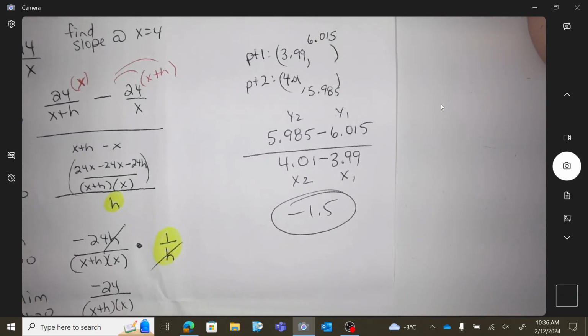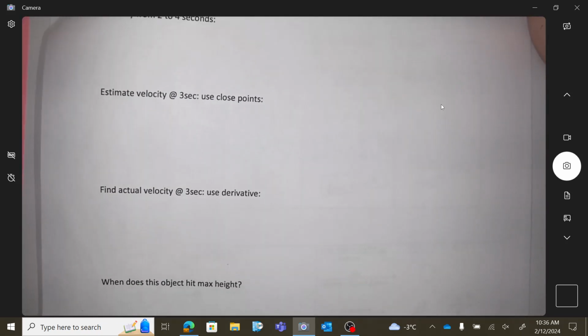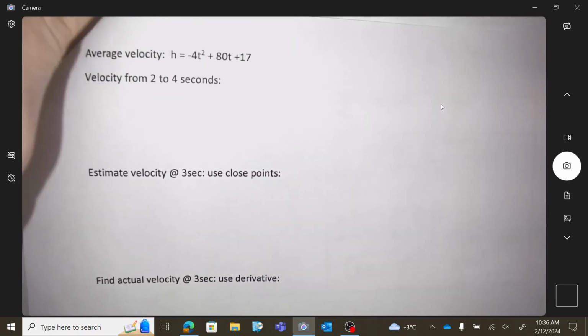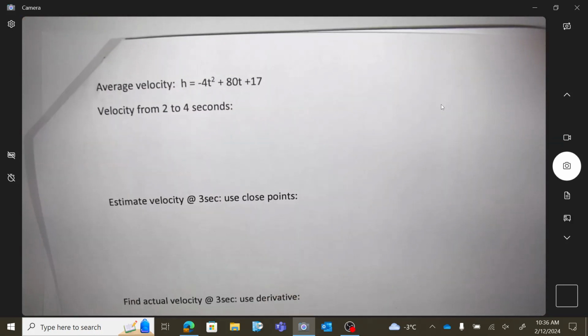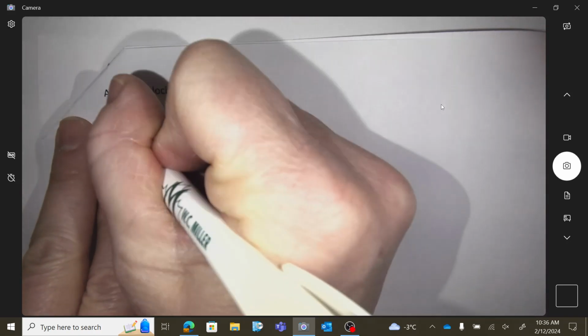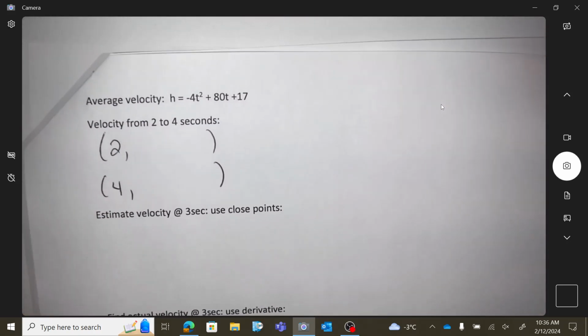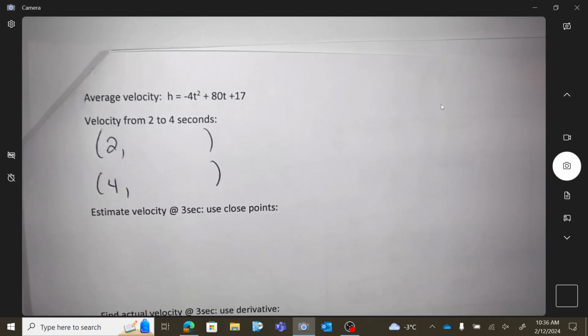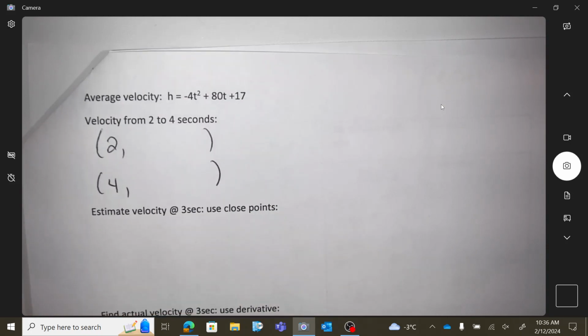Okay, and then the very last part is projectile velocity stuff. Figure out the velocity from 2 to 4 seconds. You're going to want to get a y value. So what is the y value for 2? What is the y value for 4?